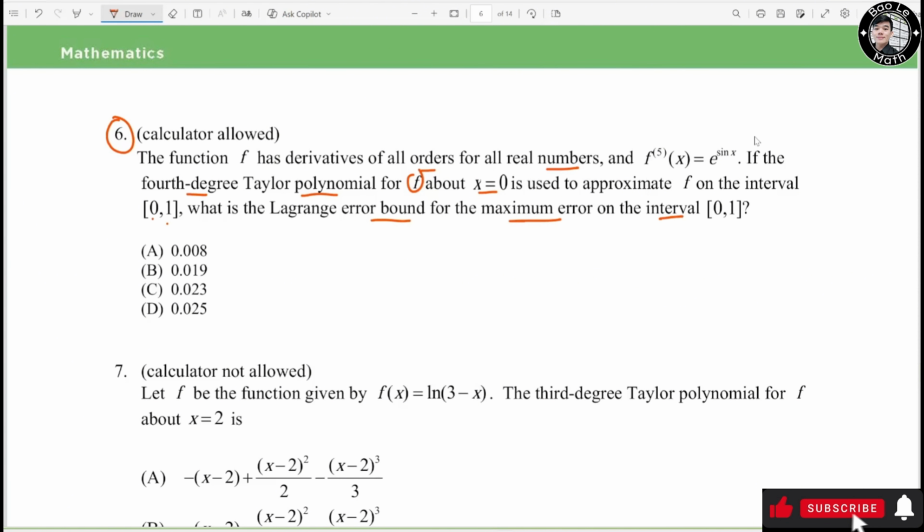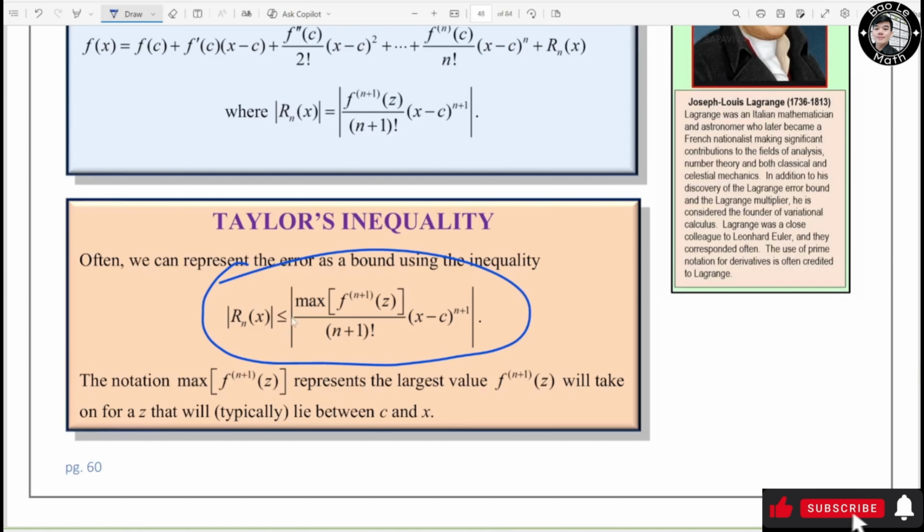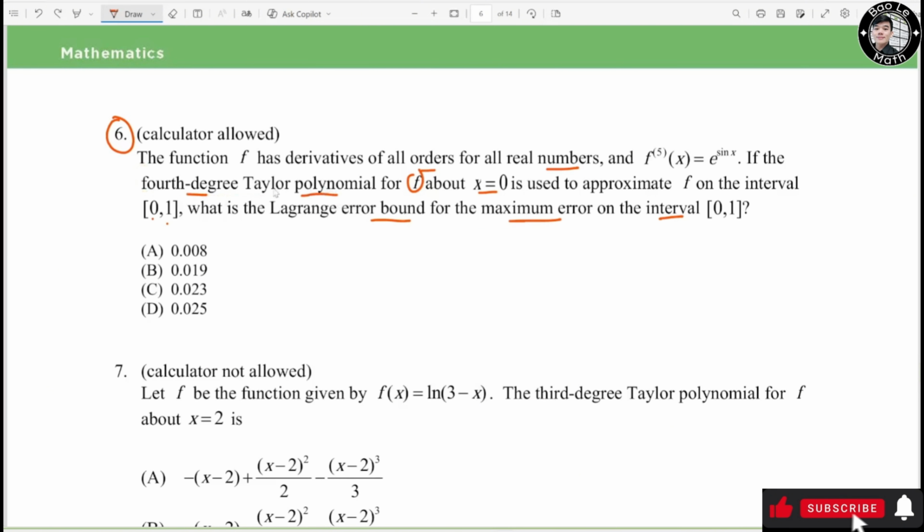Alright, since this one is a non-alternating series, we're going to use the formula right here. And observe that this is the 4th-degree Taylor polynomial for the function f about s equals 0.